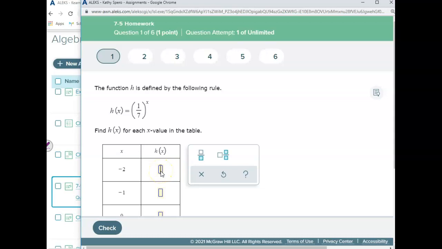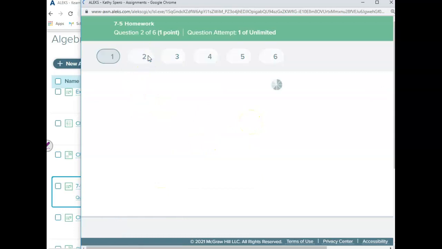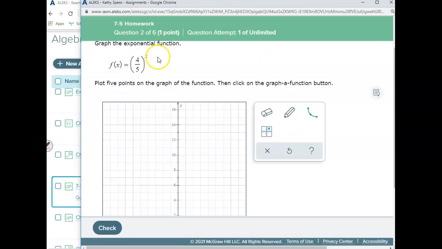If it's a decimal, you need to learn how to use your fraction to decimal key. Here, this is exactly what I was talking about. I've got 4/5 and I need 5 points. So 4/5 to the x exponent.